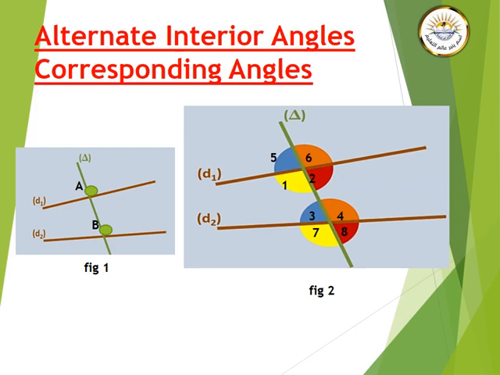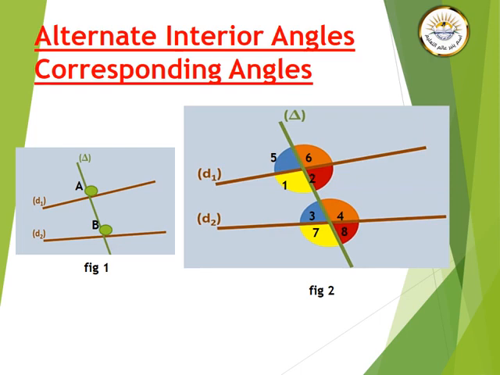Now in figure 2, please look at figure 2, we can notice another example of many corresponding angles. Each two corresponding angles are marked in a different color. For example, the relation between two blue angles, which are numbered 3 and 5, is corresponding angles.